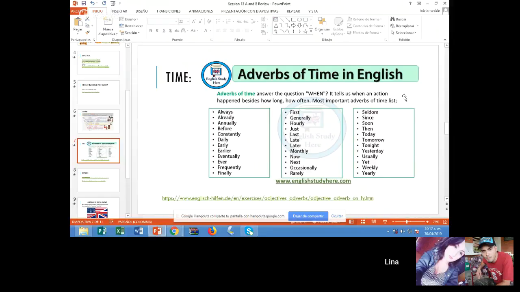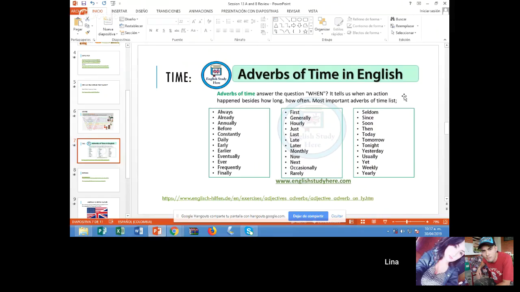So we have also the adverbs of time, like here, but also we have the adverbs of manner and the adverbs of place, when or where the action took place. And for example, we can say in the city, away, here, there.